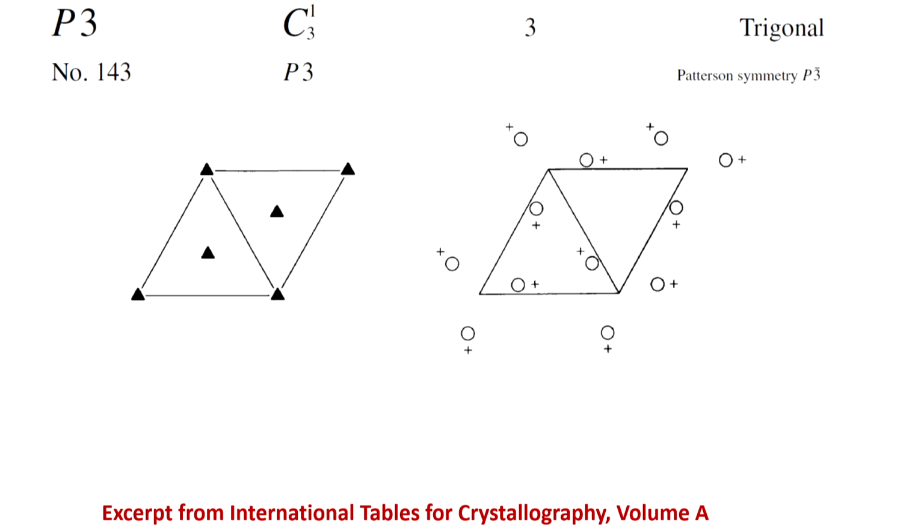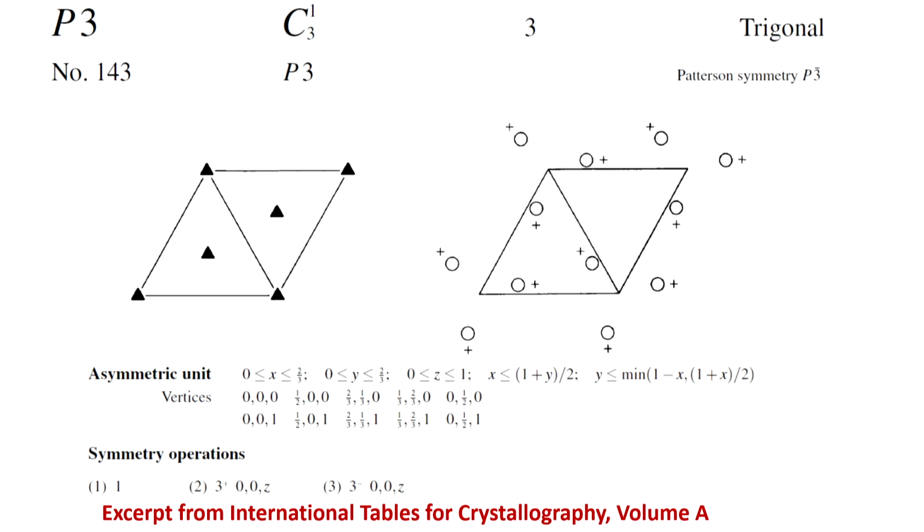Now, coming to P3, so this is a very simple space group, and I only want to point out one thing in this, and that is going to be the asymmetric unit. Now, the asymmetric unit looks a bit more complicated here, where x varies from 0 to 2 by 3, y varies from 0 to 2 by 3, z varies from 0 to 1, but then you have a more complicated relationship between x and y.